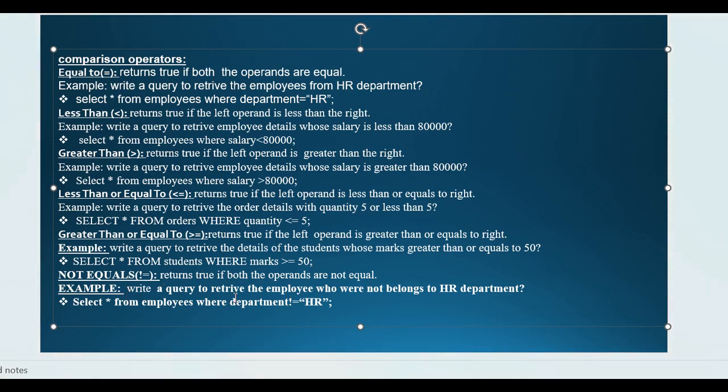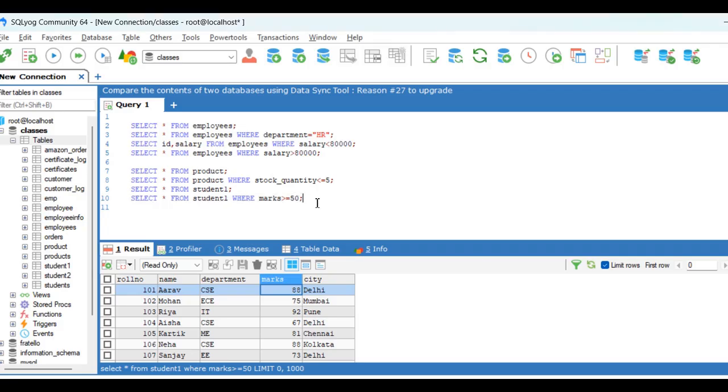So not equals to returns true if both the operands are not equal. So here we have queries. Write a query to retrieve the employees who do not belong to the HR department. So it will show the departments that are not HR.